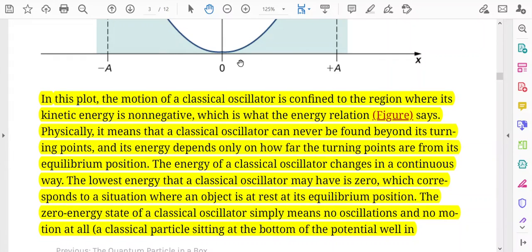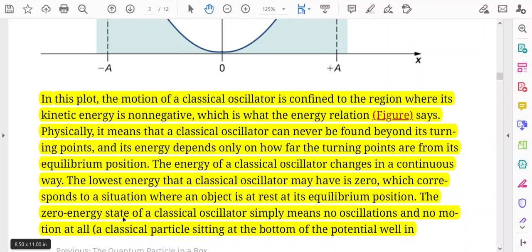So if the object is at rest in its equilibrium position, then what will happen? The energy of the oscillator should be 0 at the equilibrium.